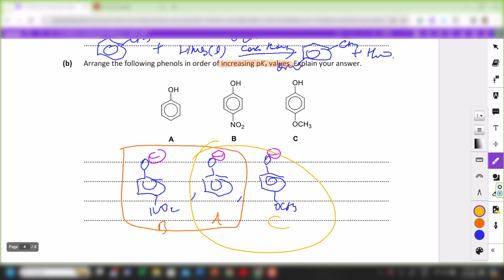Therefore the negative charge is more concentrated for C. So the conjugate base of C is less stable than that of A. Therefore C will ionize to a smaller extent, so a lower Ka and a larger pKa value for C as compared to A.